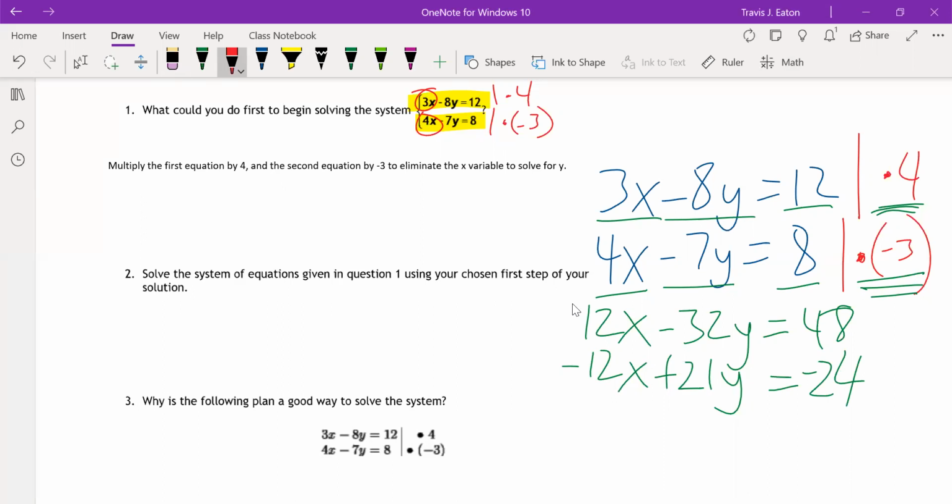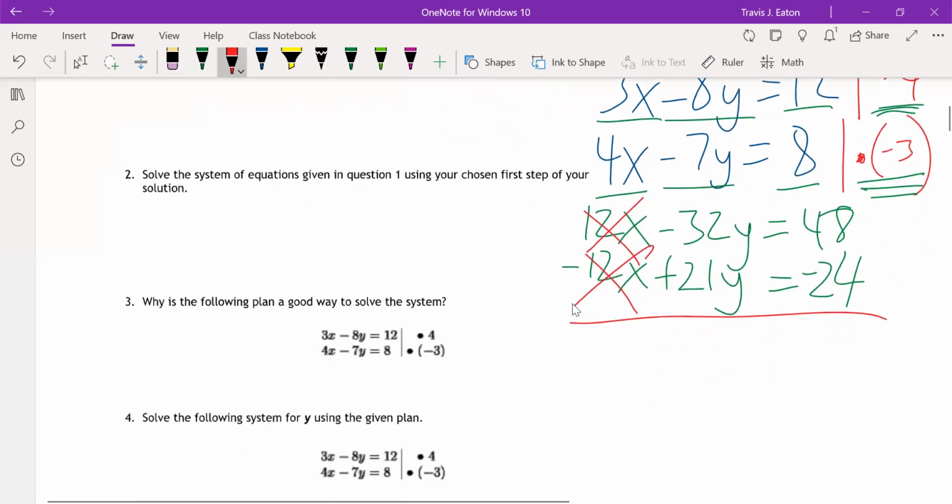All right, so now here we are. I can combine the left side and the right side of my equation. 12x and -12x, when I combine them, they just drop out. They become nothing, which is nice. -32 and positive 21, I would get -11y.